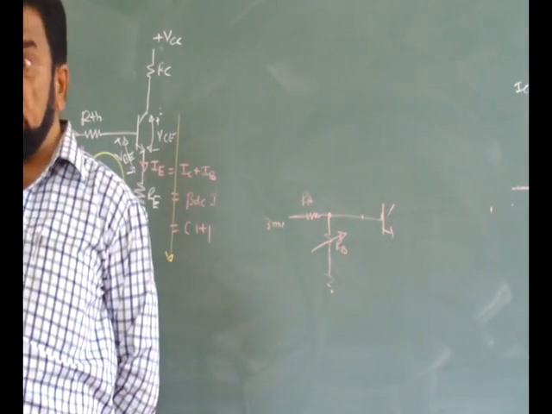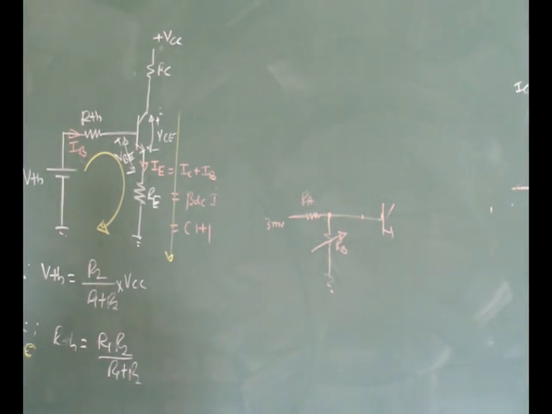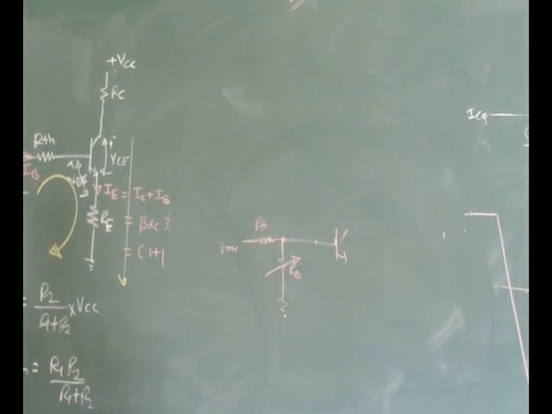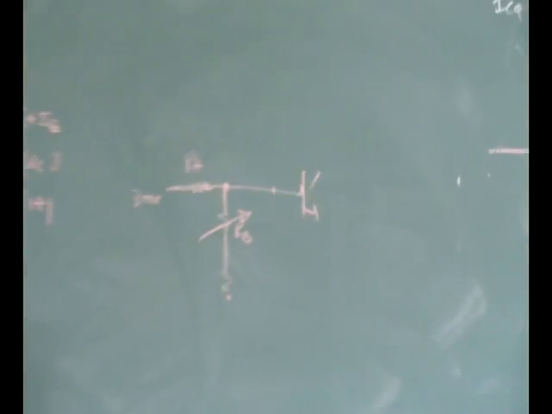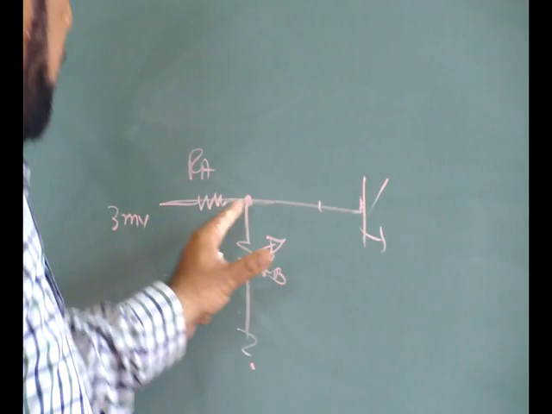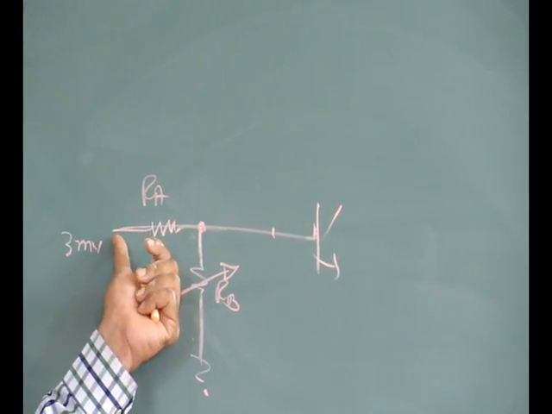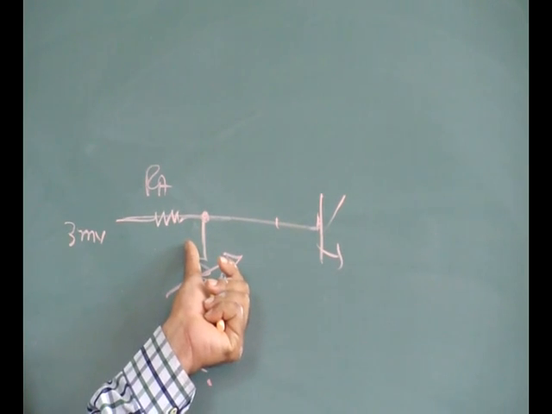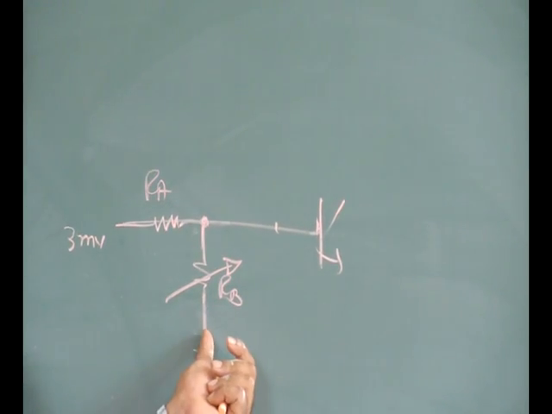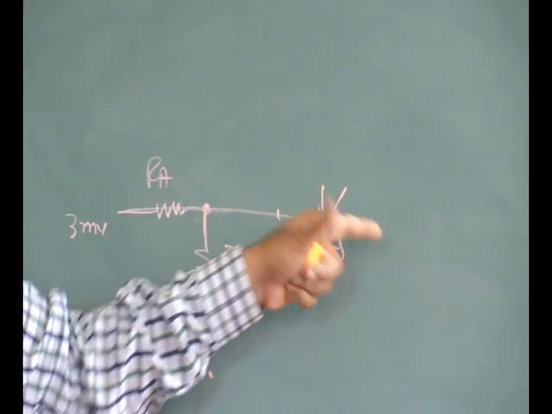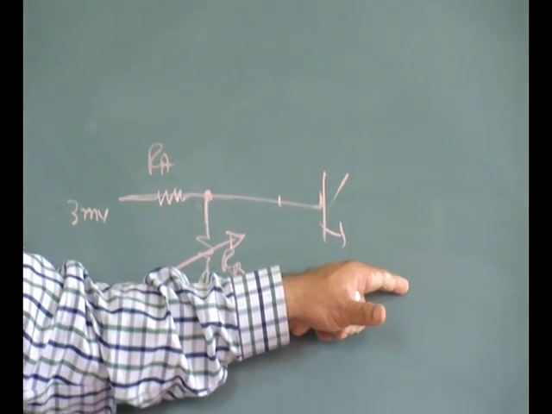By adjusting that pot, I can adjust the actual input level. Are you getting this? That means I can reduce the voltage from the lowest possible value with this arrangement.